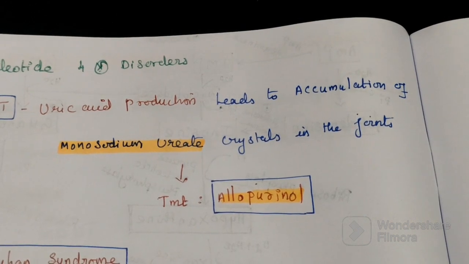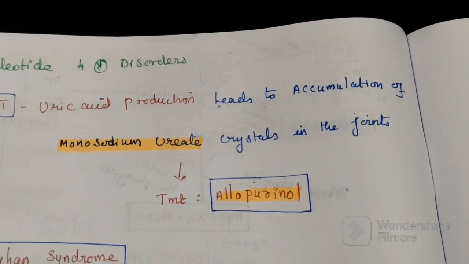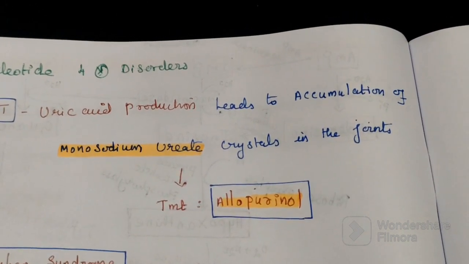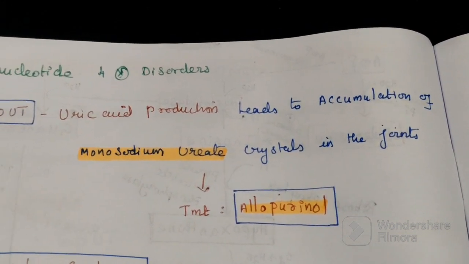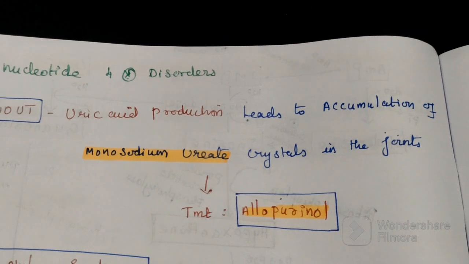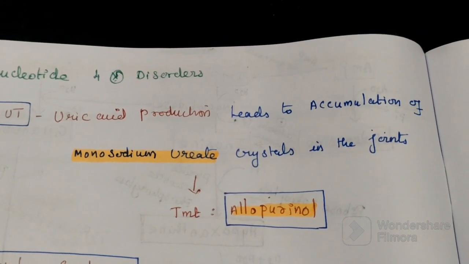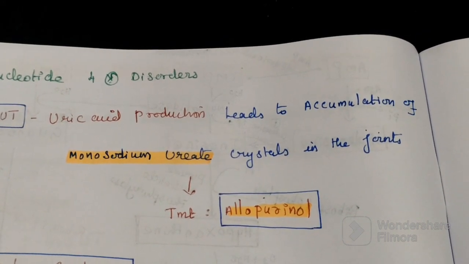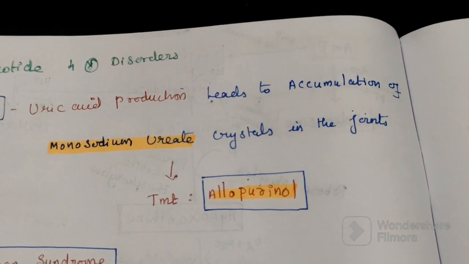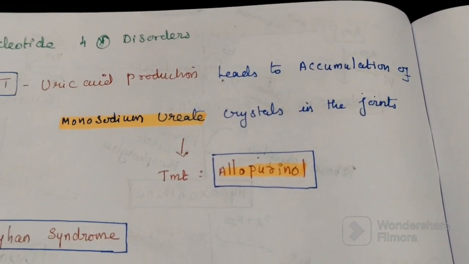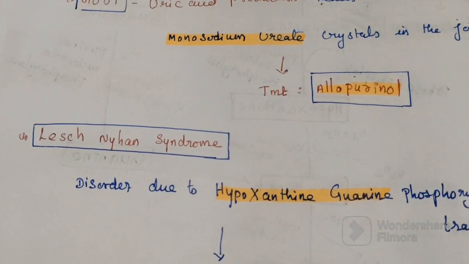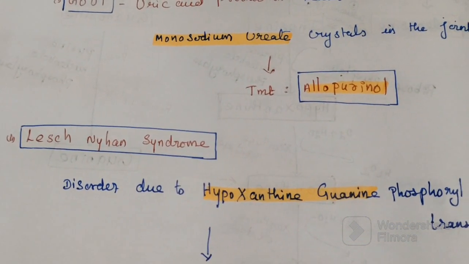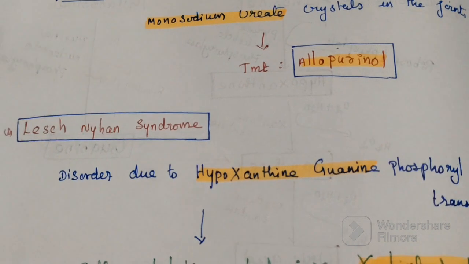The drug of choice for treatment is allopurinol. Second one is LN syndrome, Lesch-Nyhan syndrome.